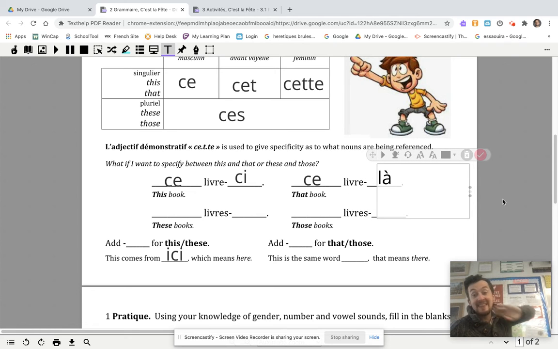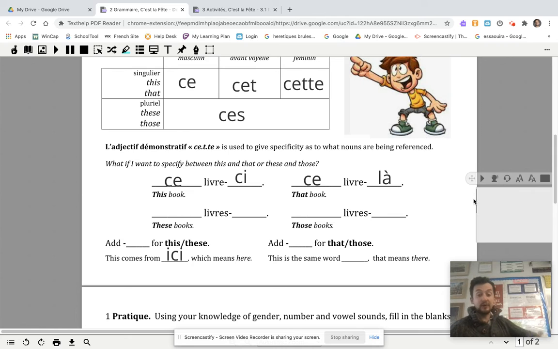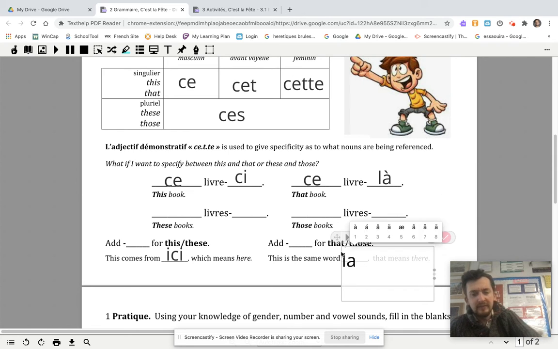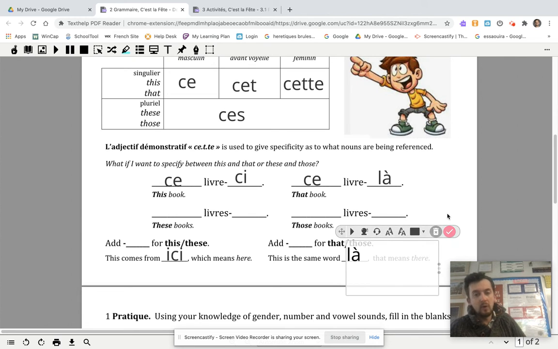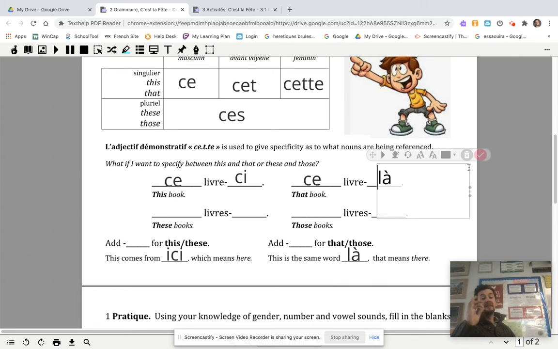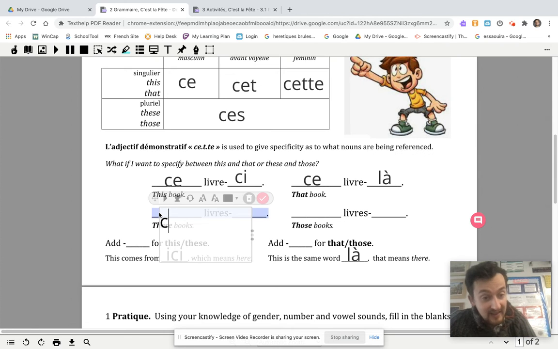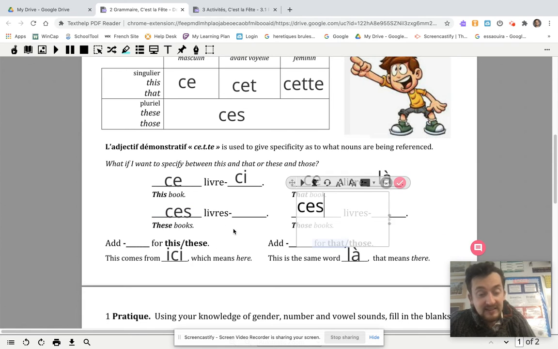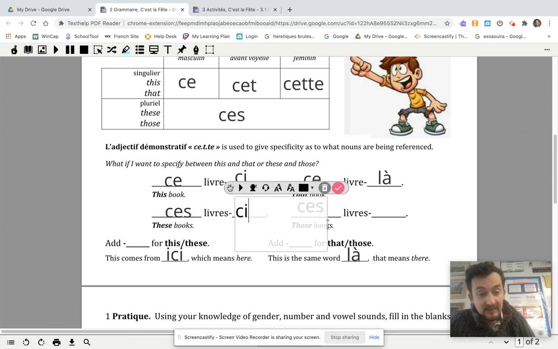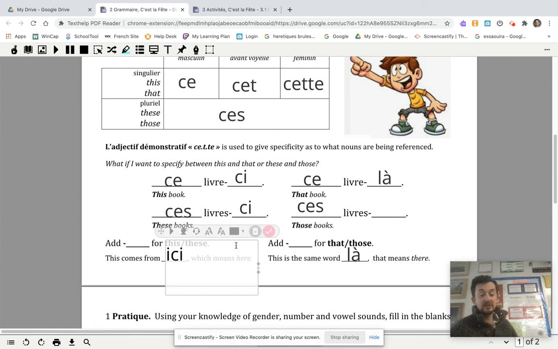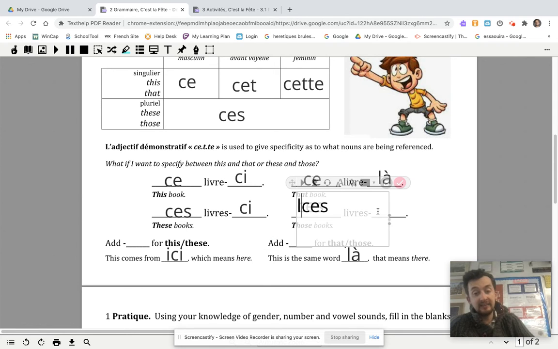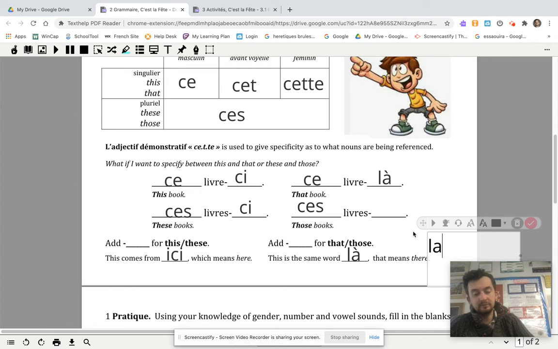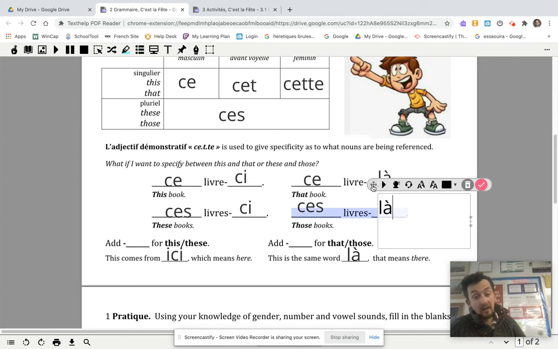So if you want to say that book and specify that it's something that's further away, you add the word là, which you should know, and là-bas, from Unit 1. Ce livre-là, that book. Likewise, if you want to say these books, you're going to say ces livres-ci. These and this are both close to you, and for those you'll add là. Ces livres-là, those books there.